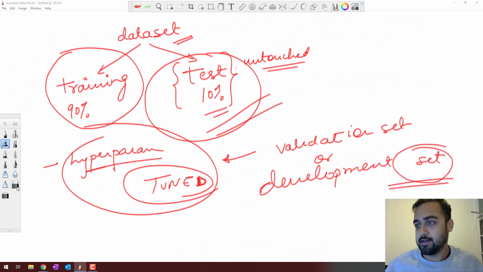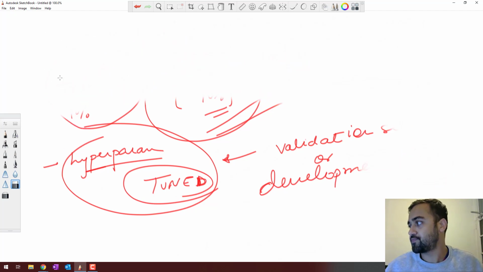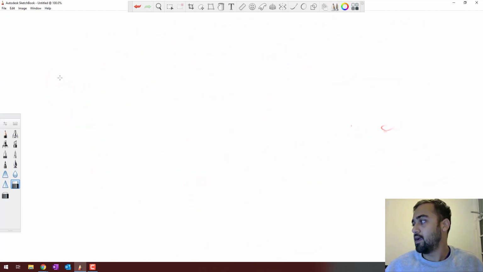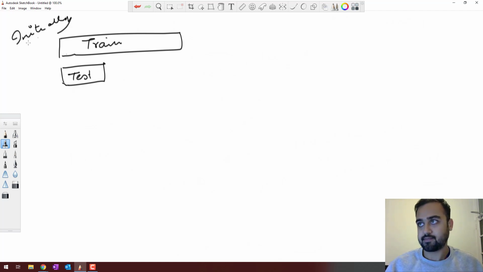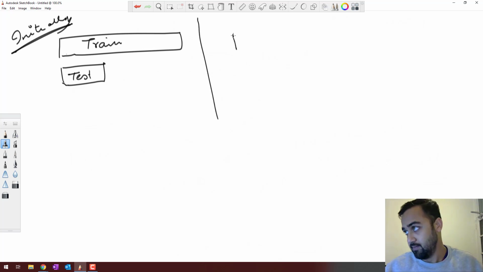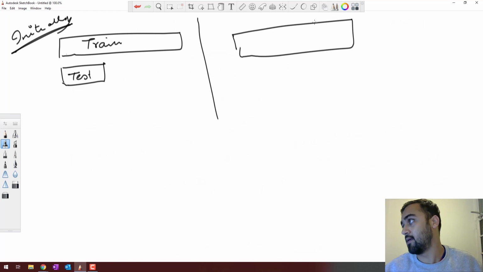So how this development set works is, initially we used to have a training set and a test set. This is initially, right? But when we wanted to tune the hyperparameters, we started using the validation set.